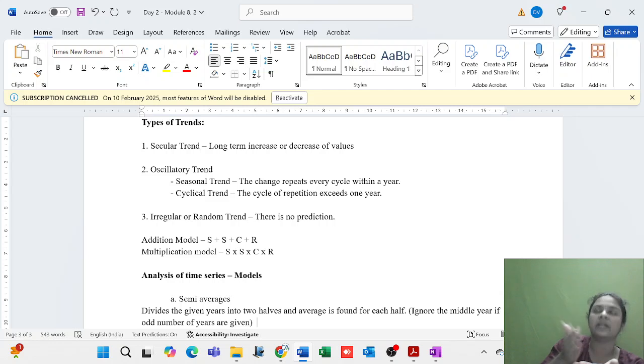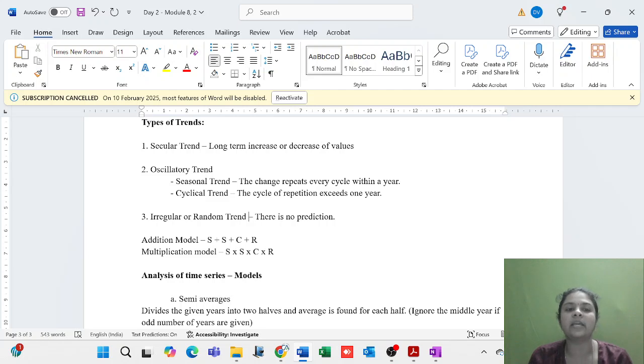Like within 1 year itself, the same cycle keeps repeating again and again. Cyclical trend means the up and down does not repeat within a year. It will probably come once in 3 years, once in 4 years, or once in 5-6 years. So that is a cyclical trend. And the last one is irregular trend or random trend. It is a random up and down movement, where there is no prediction.